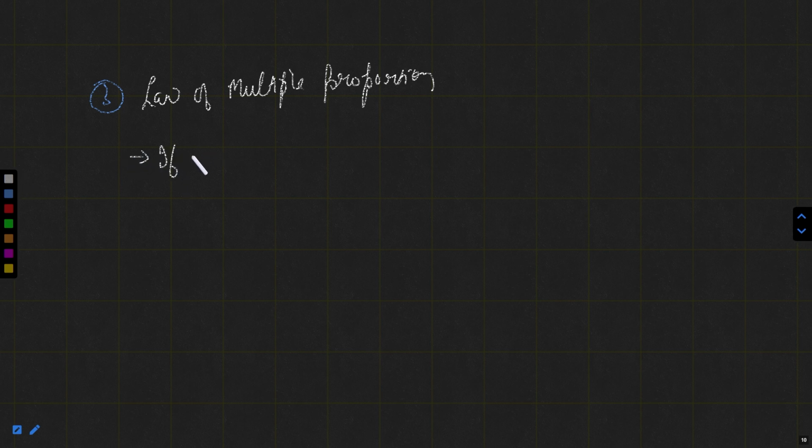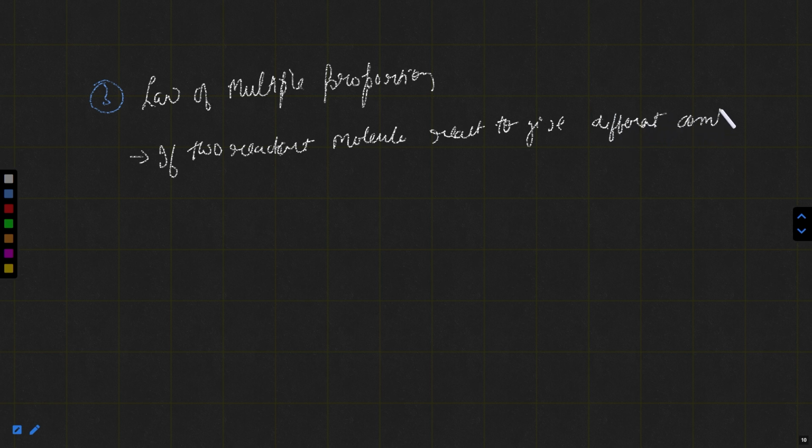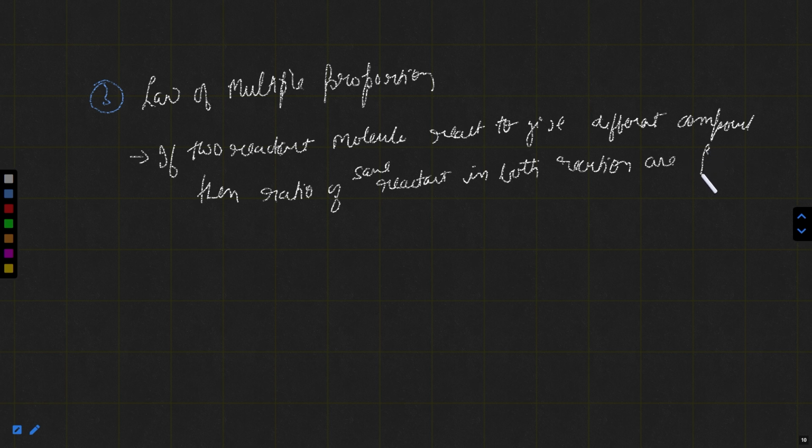This law says that if two reactants react to give two different compounds, then the ratio of the same reactant in both reactions is always a simple whole number.